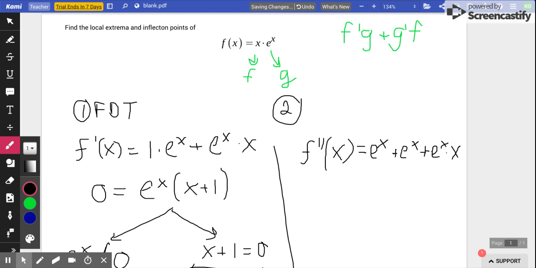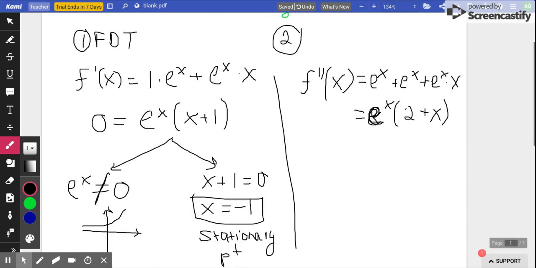Now, clearly there's something I could factor. So we have 2 e to the x, so e to the x times 2 plus x. All right, so we have our second derivative.